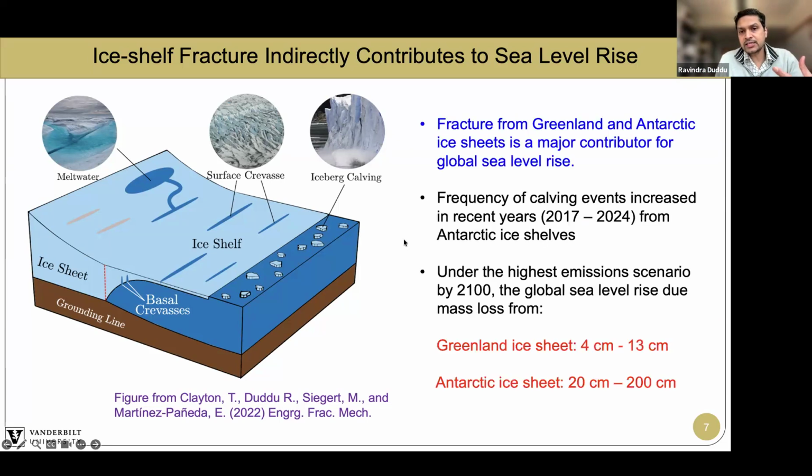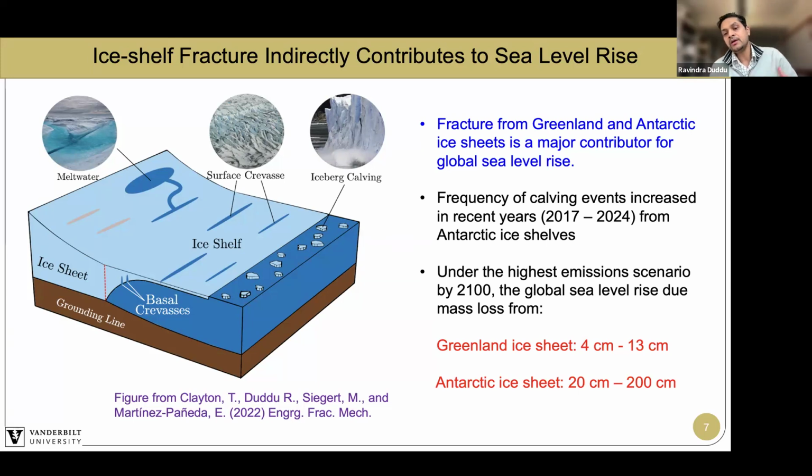All this mechanics is important because fracture in the Greenland and Antarctic ice sheets is a major contributor to sea level rise. The frequency of these calving events is increasing. In the last decade or so, we have seen more of these events happen. The projections for the end of the century are that Greenland may contribute 4 to 13 centimeters and the Antarctic ice sheet somewhere around 20 to 200 centimeters.